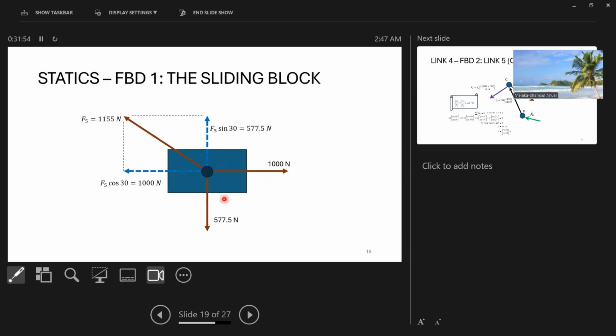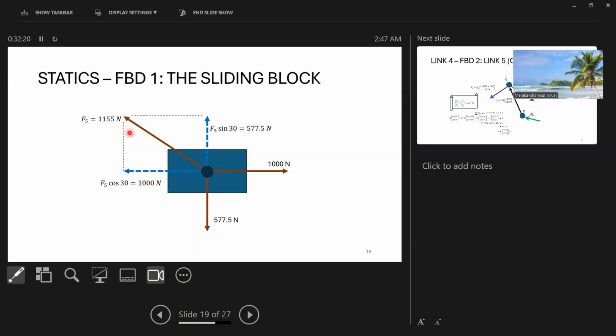That is the point where the system meets this 1000 Newton force or resistance. From there, this 1155 will go into link 5, or link CF.